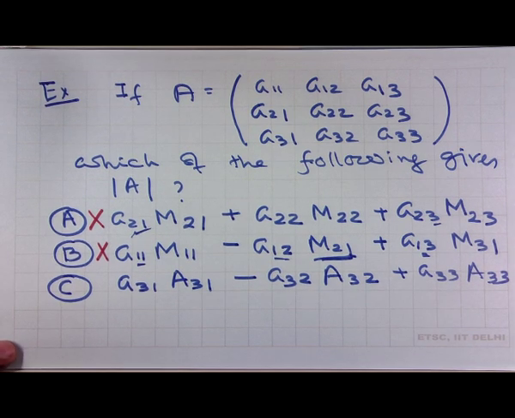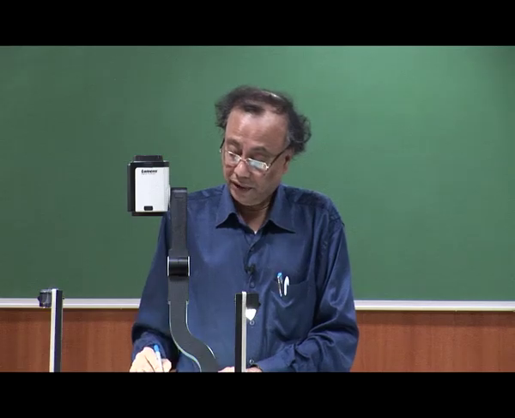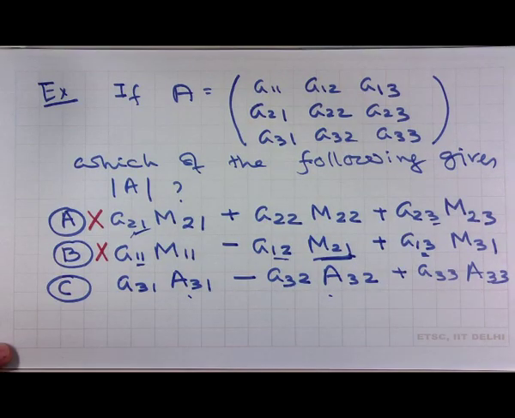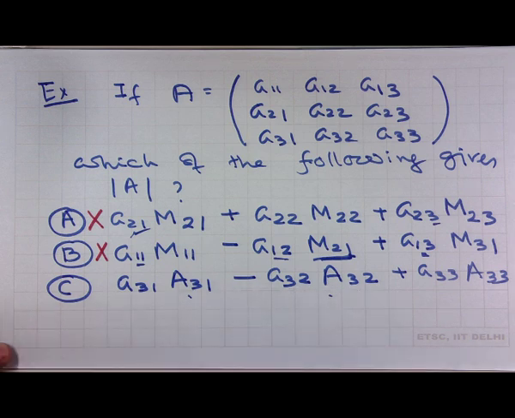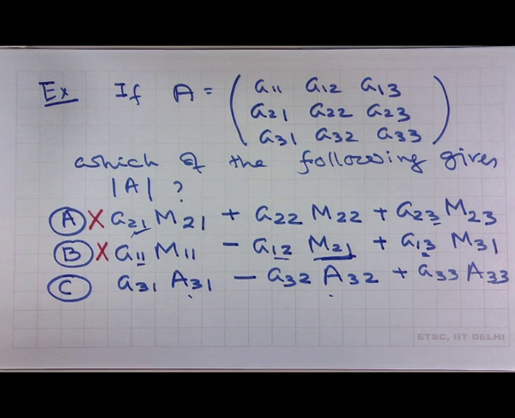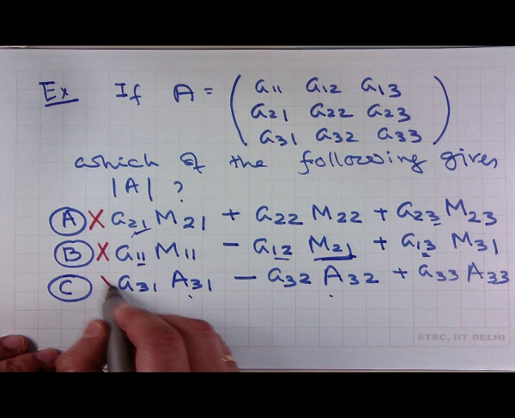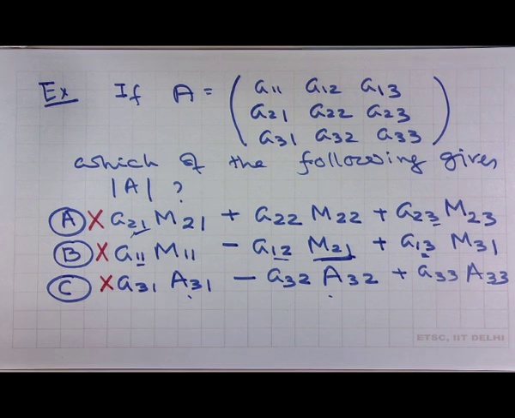Here instead of minors, we are using cofactors. Therefore, the minus sign is already taken care of inside the cofactor, so this minus is wrong.